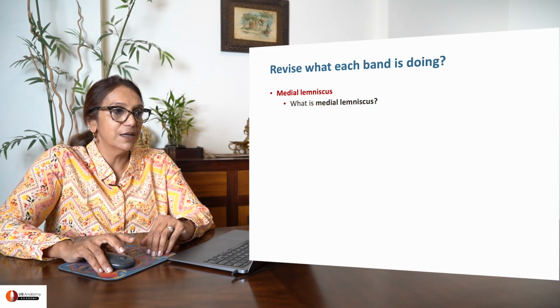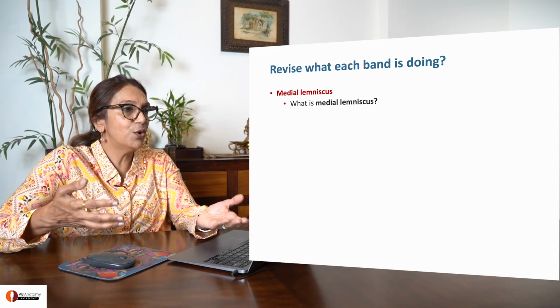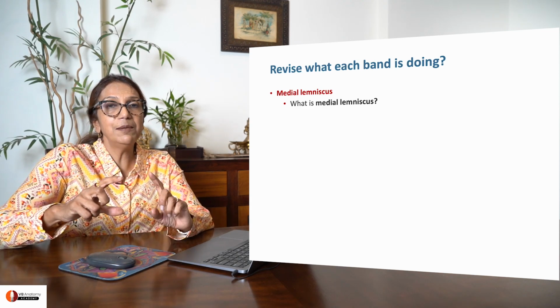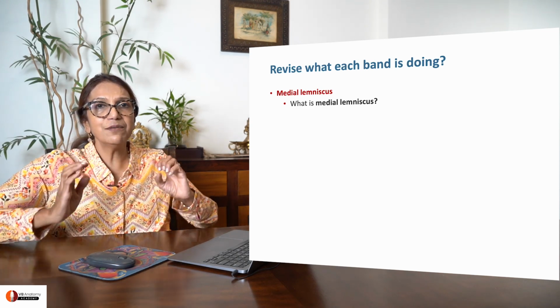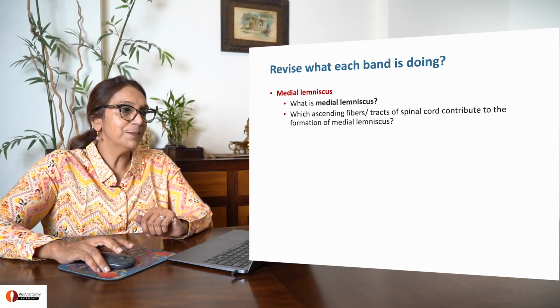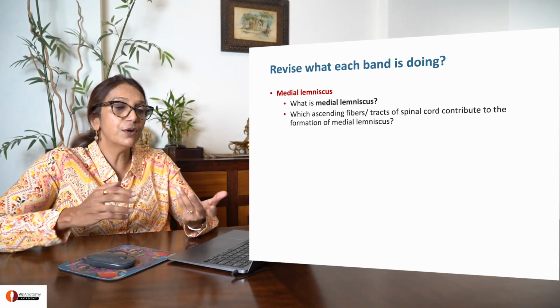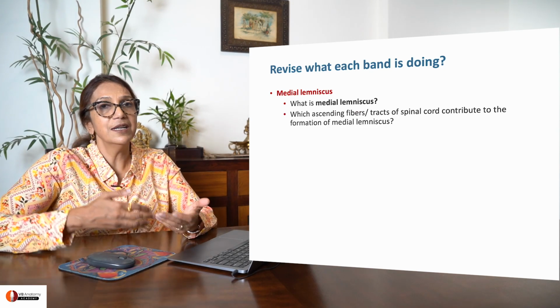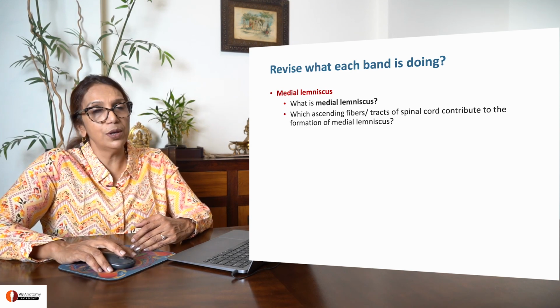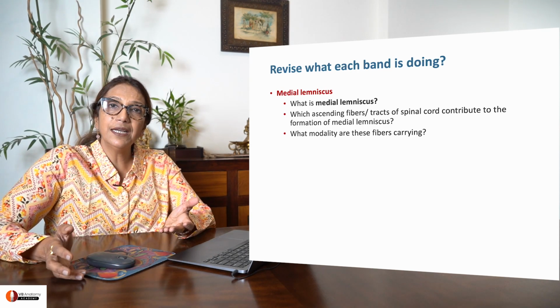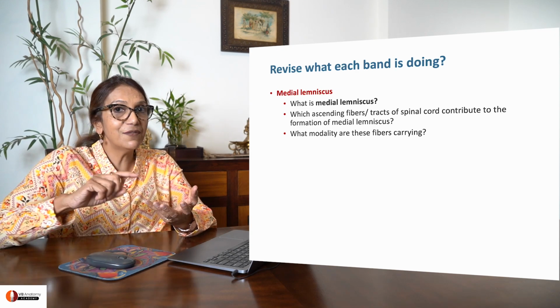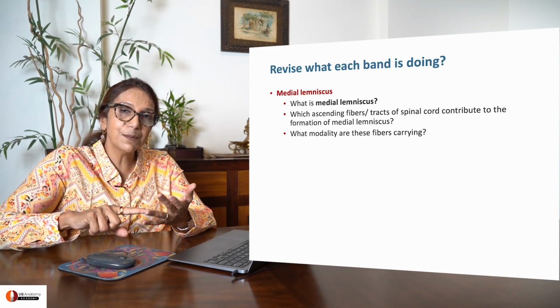Medial lemniscus. So questions you should ask yourself, what is medial lemniscus? It's a bundle of fibers which are ascending upwards, right? Which ascending fibers contribute to formation of medial lemniscus? We know that it's the dorsal column tract from the spinal cord. What modality are they carrying? Ask yourself, is it fine touch? Is it 2-point discrimination?